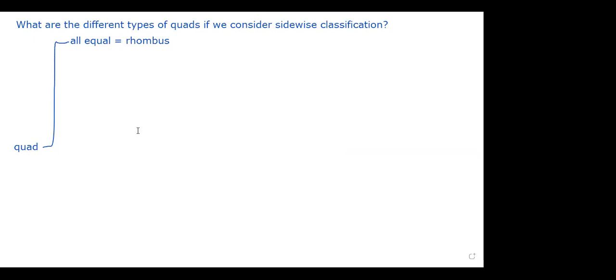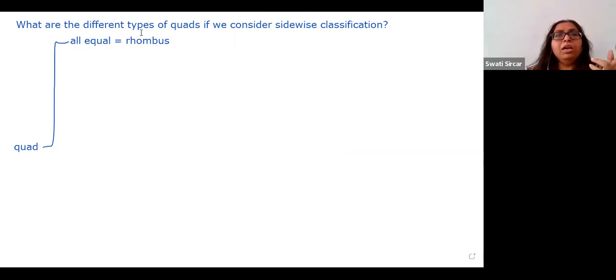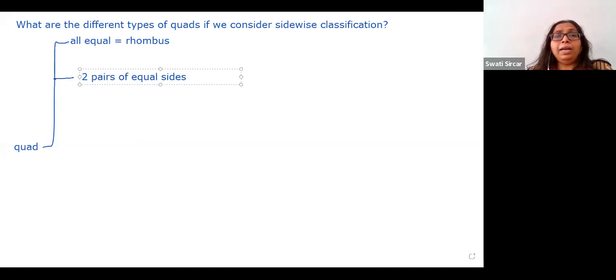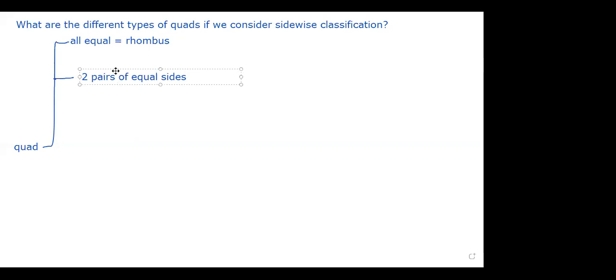Where the opposite sides are equal. Okay, so we can have two pairs of equal sides, and it is possible that the pairs are opposite, as well as it is possible that they can be adjacent.